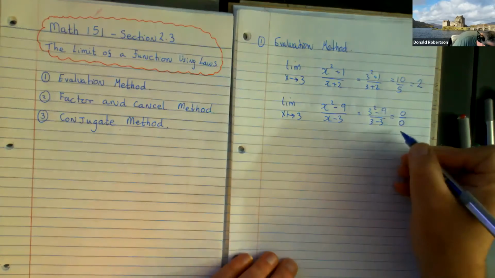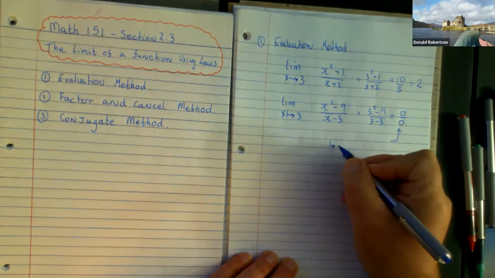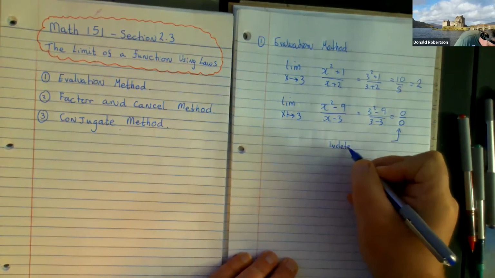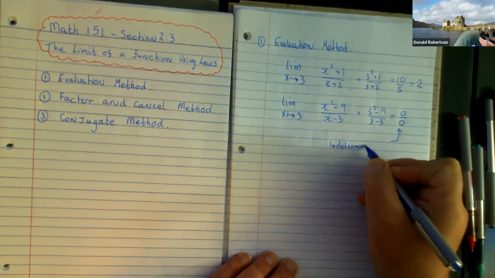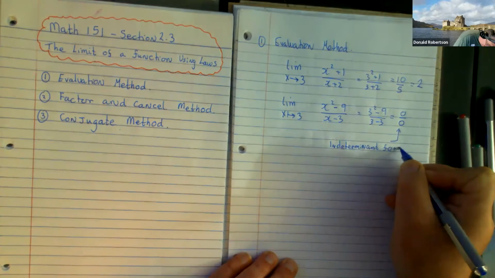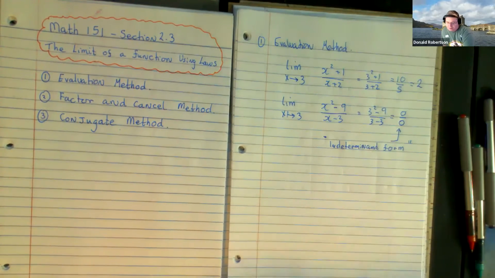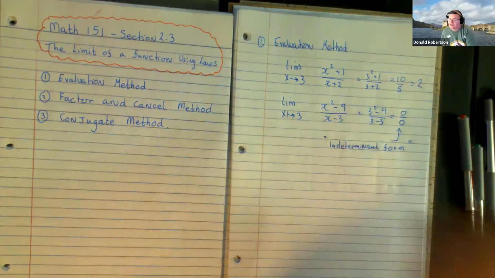We call that situation where you get 0 over 0 an indeterminate form. The word indeterminate just means we don't know. I don't know what 0 over 0 is going to be in this particular situation.